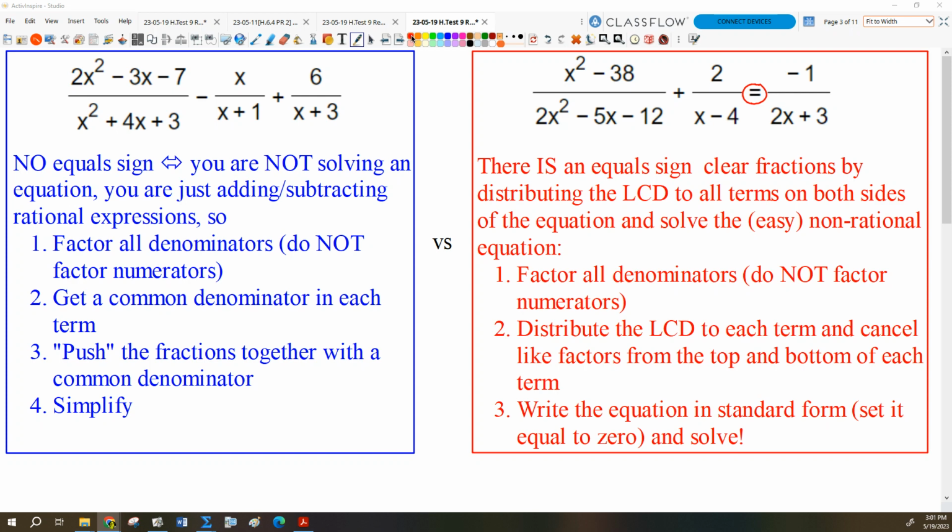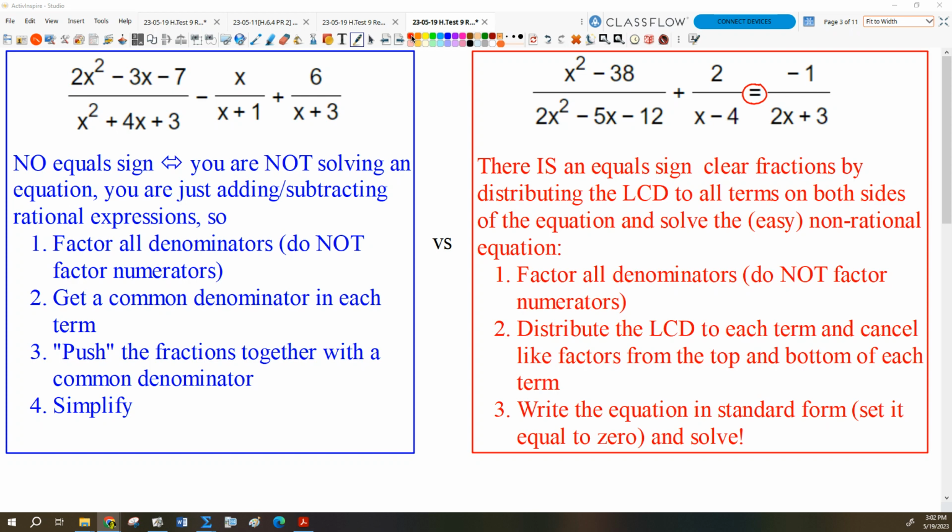We just push everything together into one big fraction with a common denominator, where we're going to combine everything on top then. Well, it makes it a lot easier to combine stuff if it's not factored. If we factored it, we'd have to turn right around and undo all that to expand it all out and combine like terms, right? So don't factor the tops, only the bottoms. We're going to get a common denominator in each term, push them all together, and then simplify.